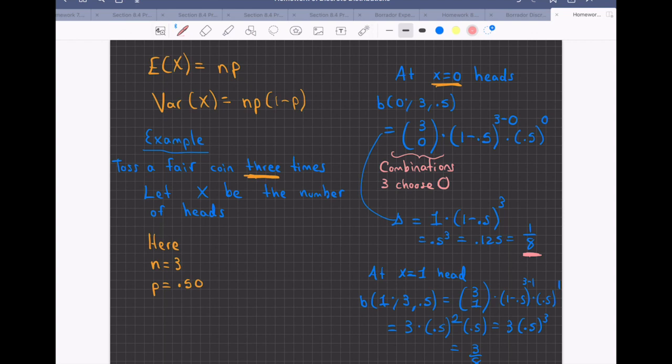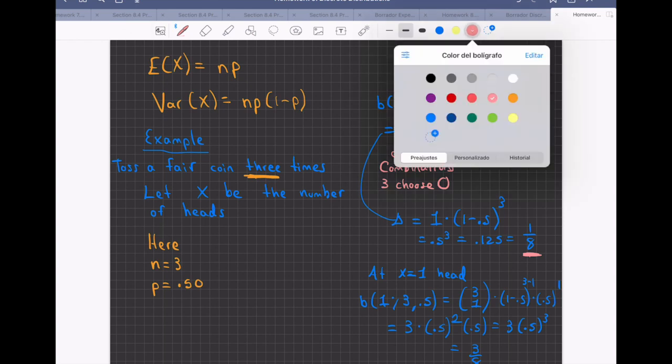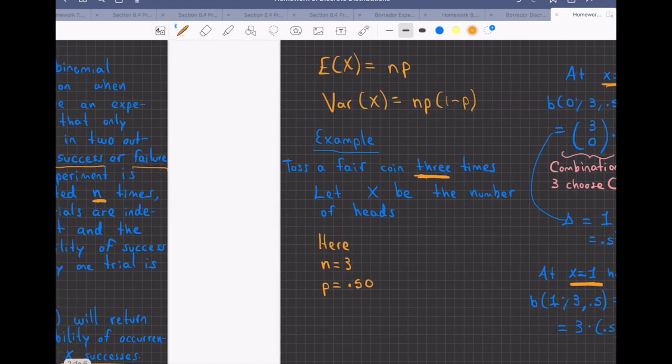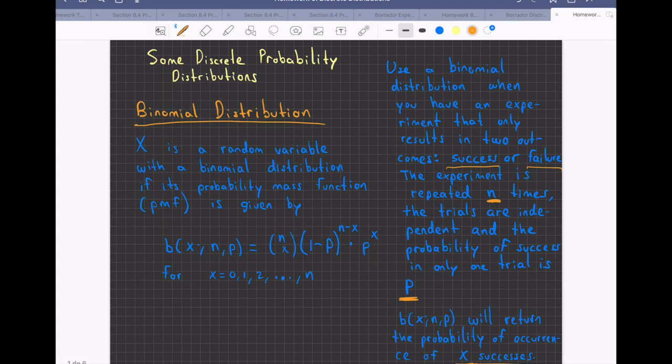And so on. We can also verify that for x equal to 2, we will have the value that we know, 3 over 8, and for x equal to 3, we will have the value 1 over 8. By the way, of course, you can verify this by hand if you use the formulas I'm giving to you here.